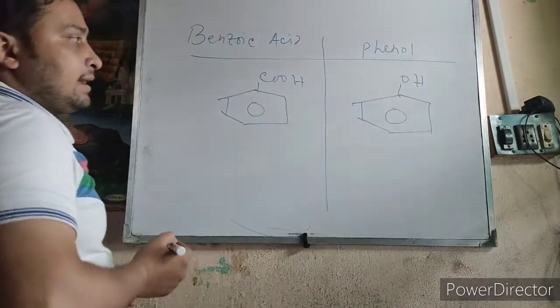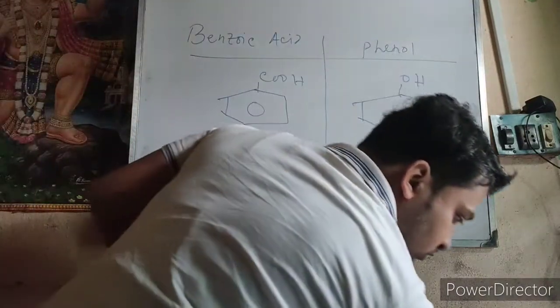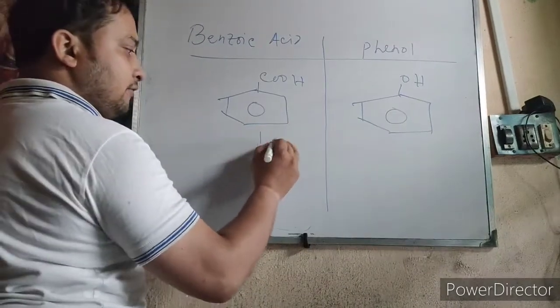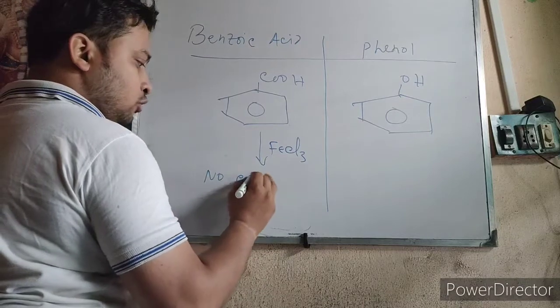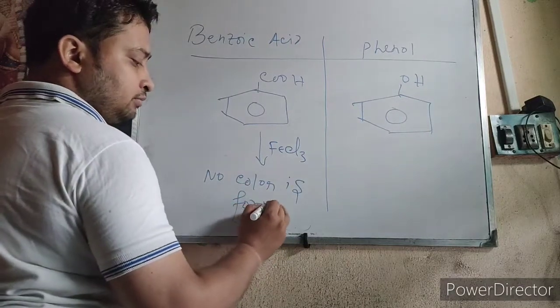Write a chemical reaction that differentiates them. If you use FeCl3 on benzoic acid, no color is formed.